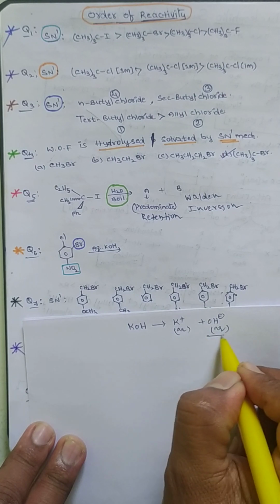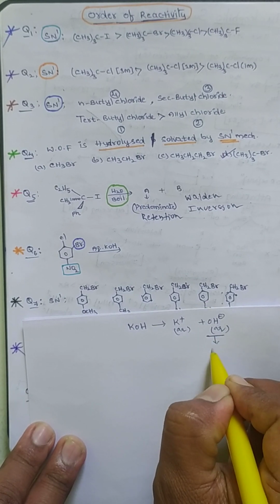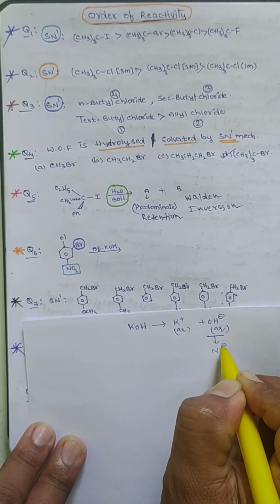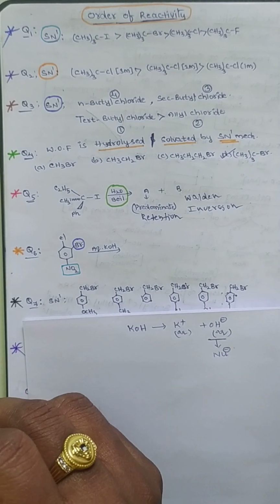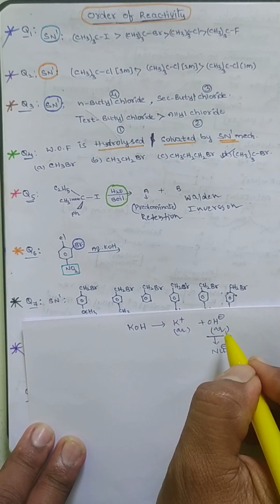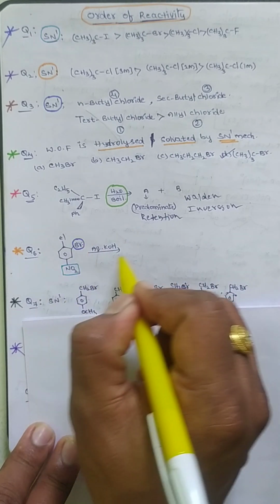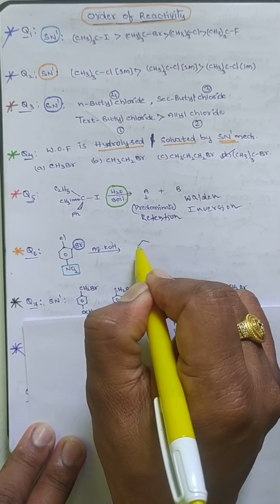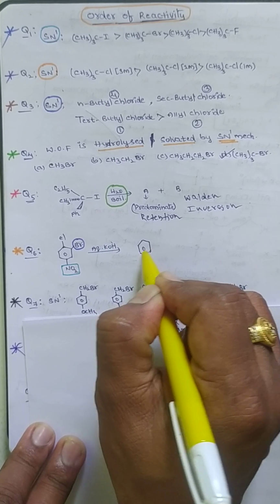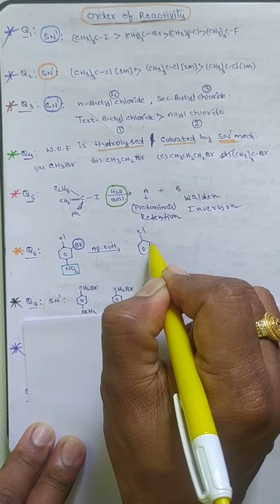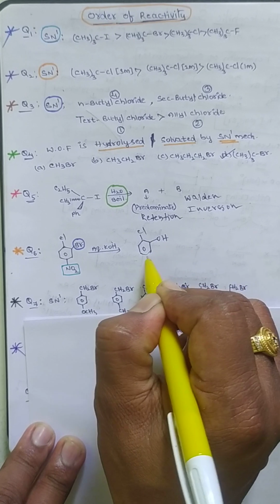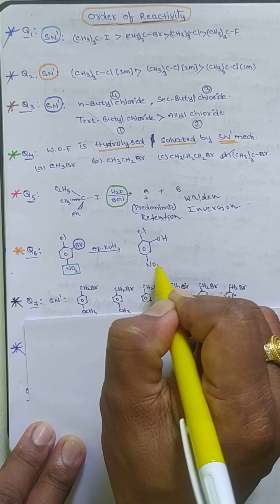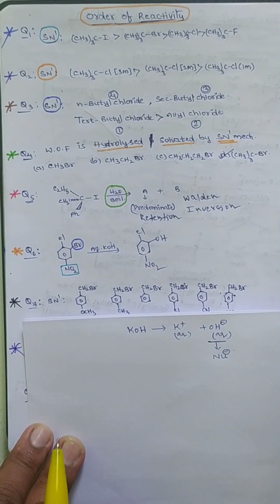Now this OH minus in the aqueous medium is acting as a nucleophile, the hydroxyl ion. So the halogen is the leaving group, and therefore substitution is happening here easily. So we are going to get the product as this one.